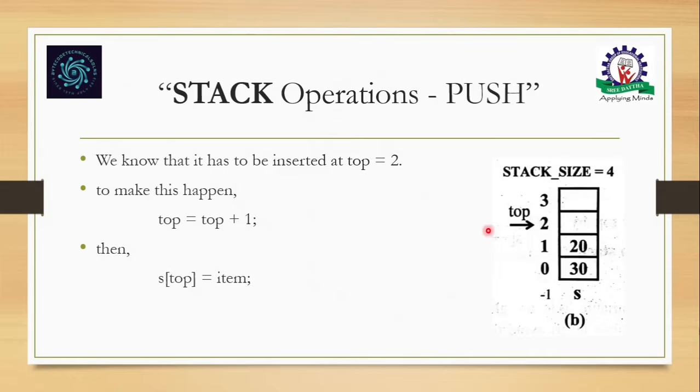Automatically the top pointer will shift from location 1 to 2. Once the top is pointing at the empty location, there I can copy the next item to be inserted into the array S, at the location where top is pointing. Now the top is pointing at location 2, and at that place the item has to be inserted.